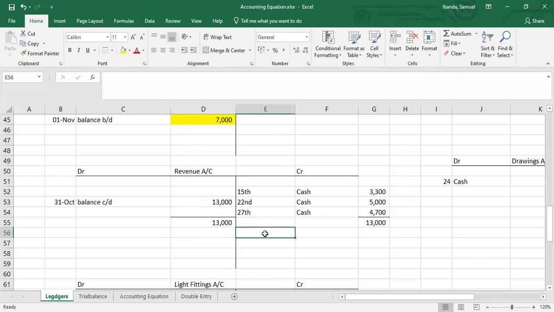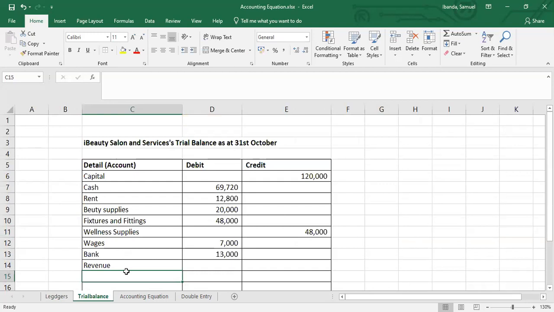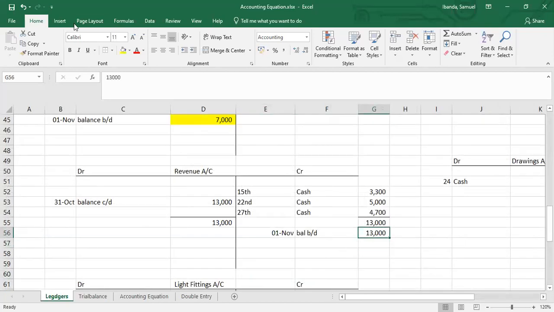And then I'll have 1st November, I'll have my balance. Sometimes we write BAL in short. Brought down, it's the same thing, 13,000. So this is 13,000, but on the credit side. Okay.